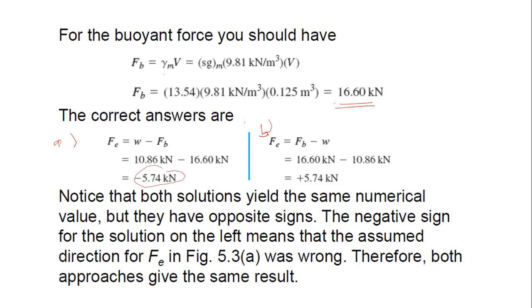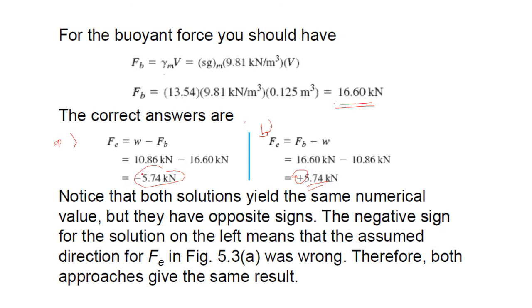Okay, and your second assumption, where you assume the Fe is going downward, so your Fe equals 16.6 minus 10.86, it will give you 5.74. The magnitude is the same, but the direction is different, so this is positive.